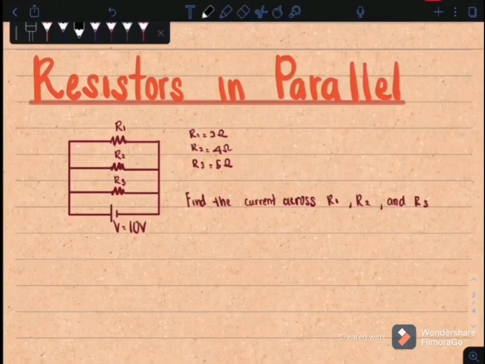Next, we are going to look at the resistor in parallel. So we have 3 resistors, R1, R2 and R3, parallel to each other.